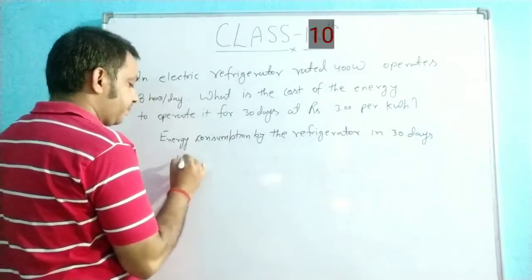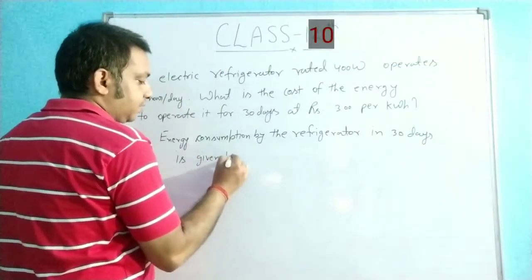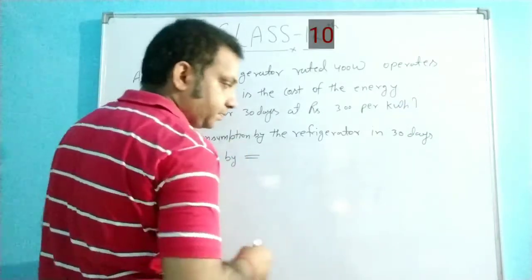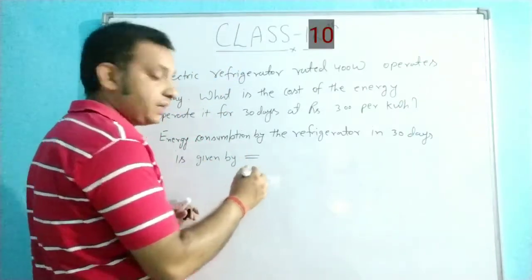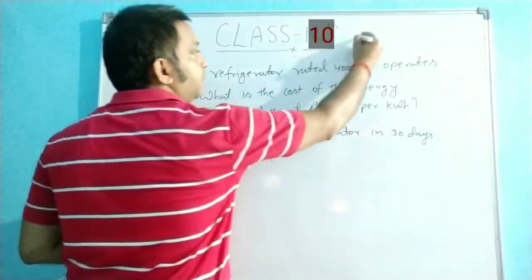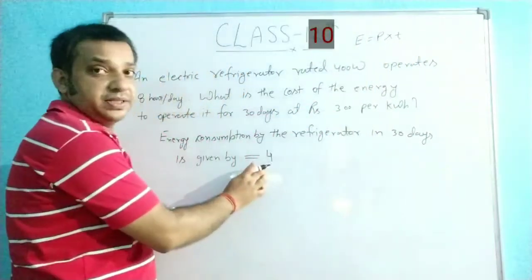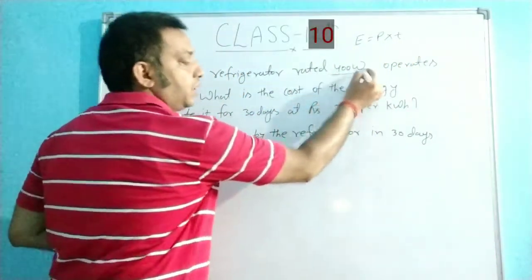You know that E is equal to P into T. P is given in the question, 400 watt.